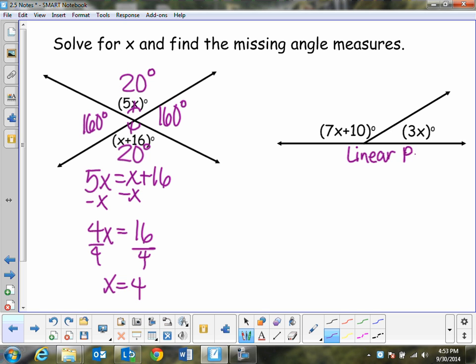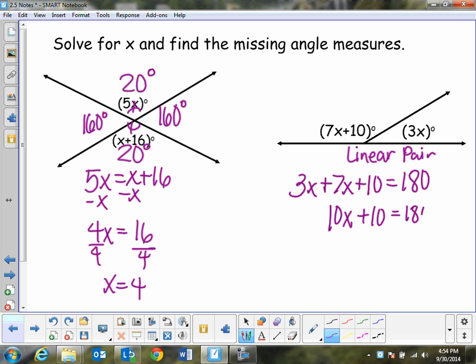Over here we have a linear pair. And so what you want to do with these two is add them up and set them equal to 180. So do your algebra. Subtract 10. 10x is equal to 170. Divide by 10. Divide by 10. X equals 17.